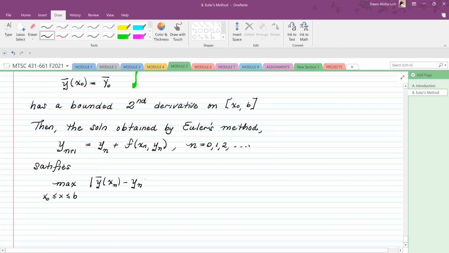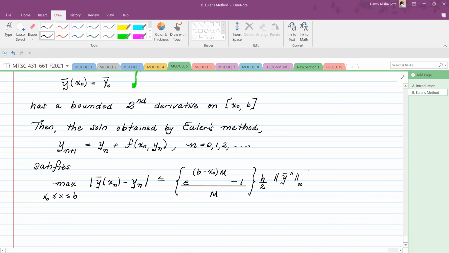So the solution error at any time is less than or equal to e to the M times (b minus x naught), minus 1, over M, times h over 2, times the infinity norm of y bar double prime.